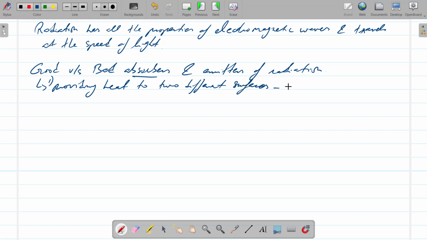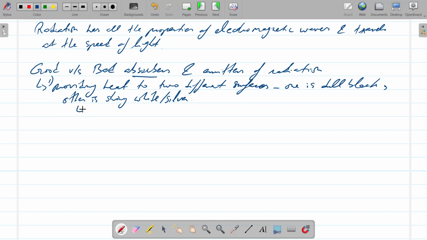Right, one is dull black and the other is shiny white or silver, right? Or even, if it's shiny black, that would make a difference.